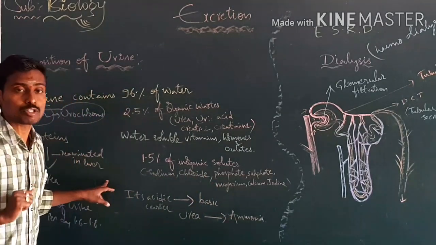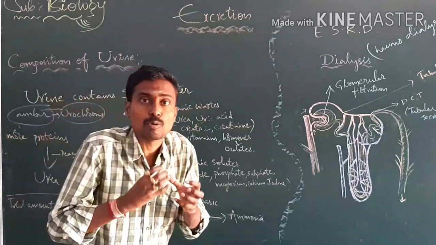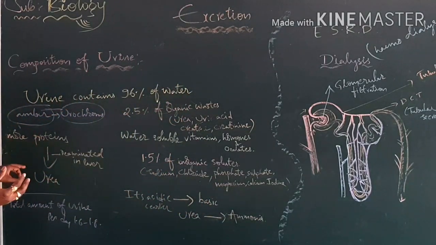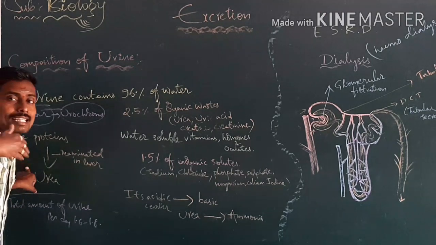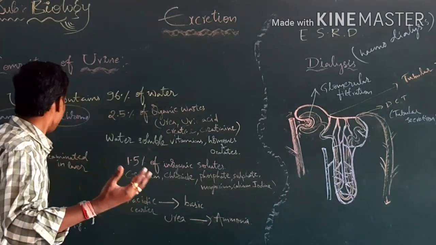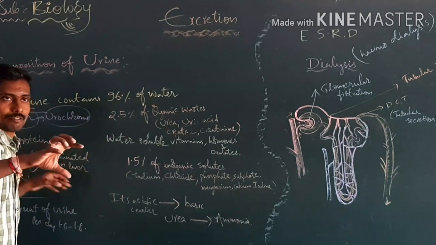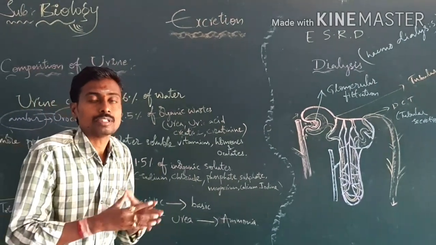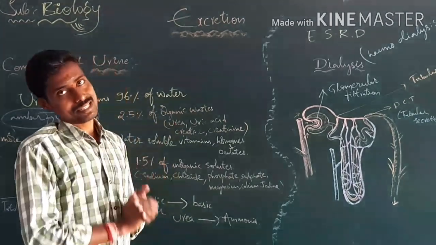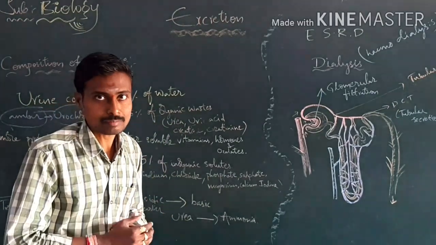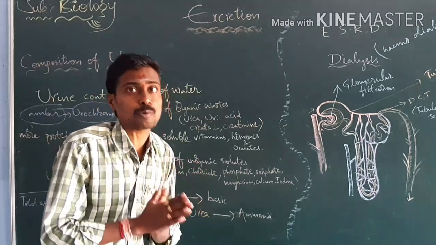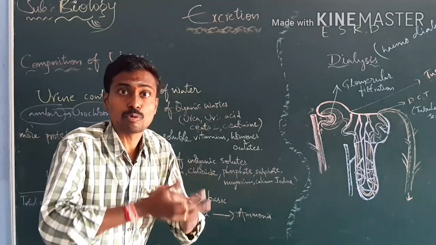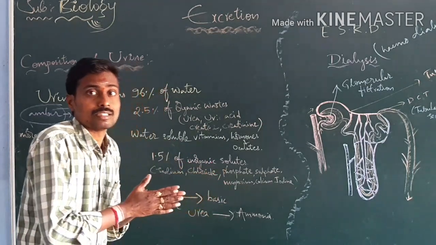And one more thing I would like to remind you. Whenever we consume more proteins in our diet, we excrete more urea. So whenever we consume more proteins, there is a higher urea percentage in our urine. Got my point here? The proteins are present in pulses. So whenever we consume more proteins, what is present more in our urine?